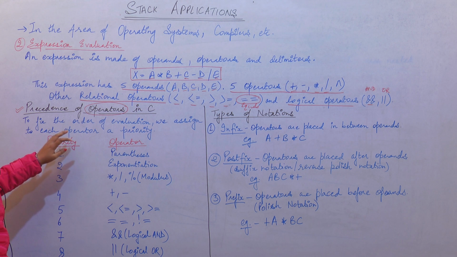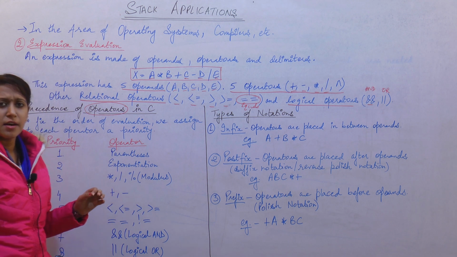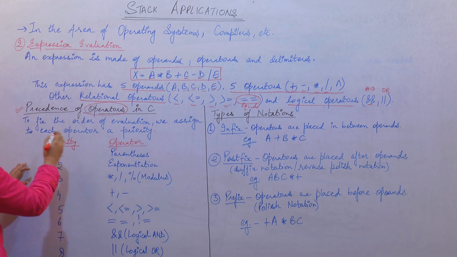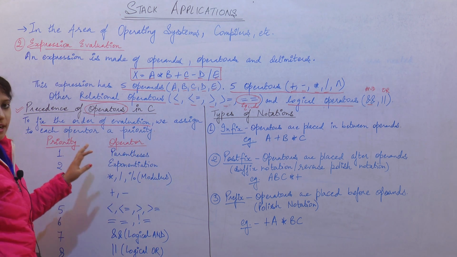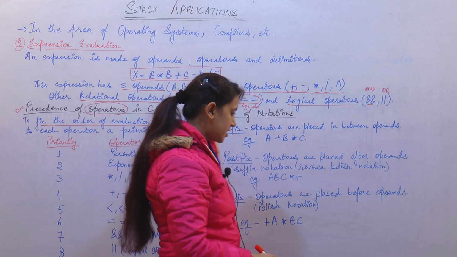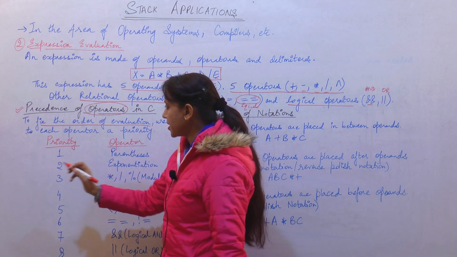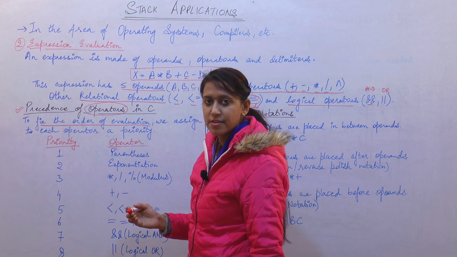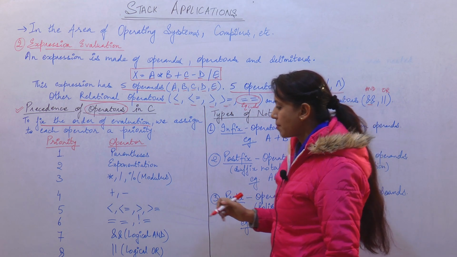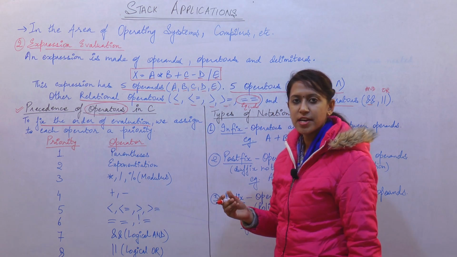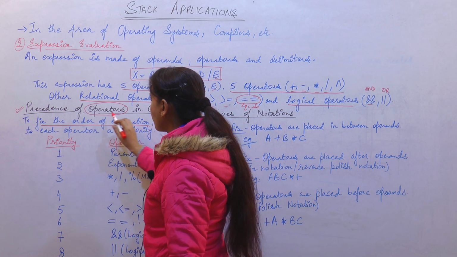So to evaluate any expression in a proper order, we will assign each operator a priority. Each operator should be evaluated according to its priority. That means the operator with highest priority will be evaluated first, then the operator with next highest priority, and the operator with lowest priority will be evaluated at last.